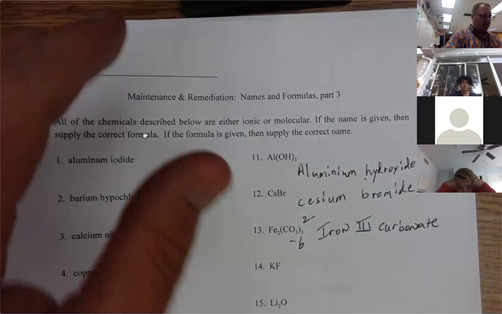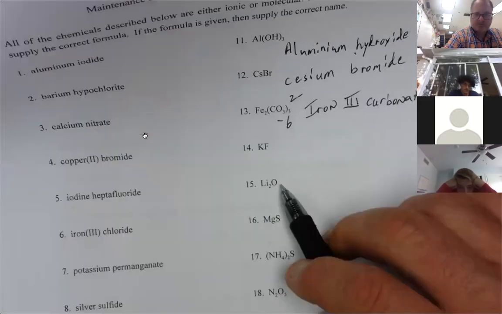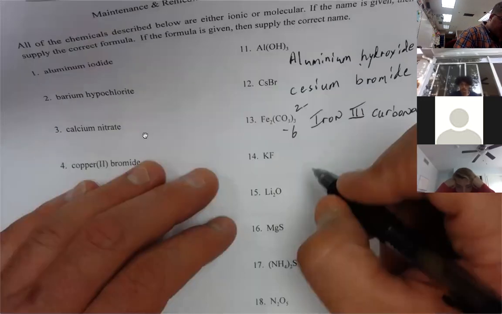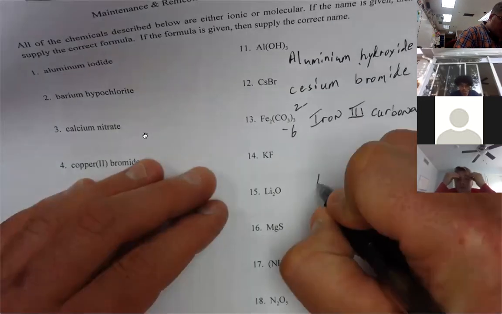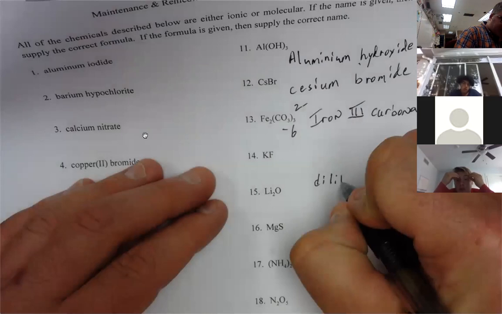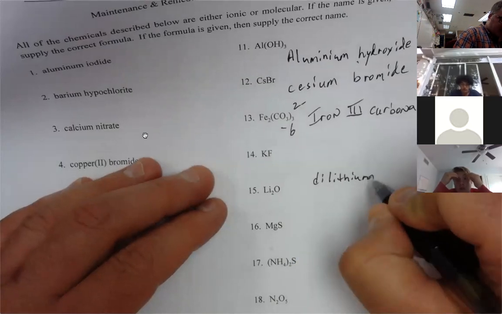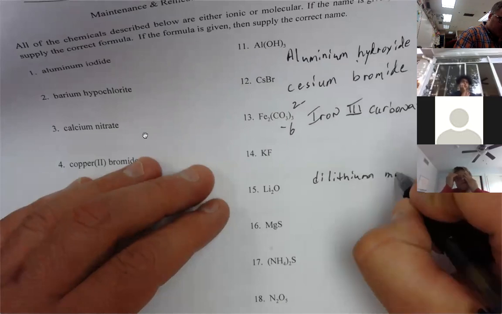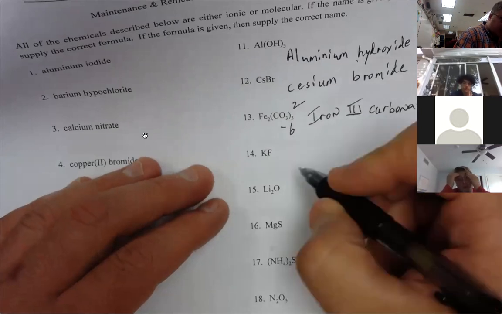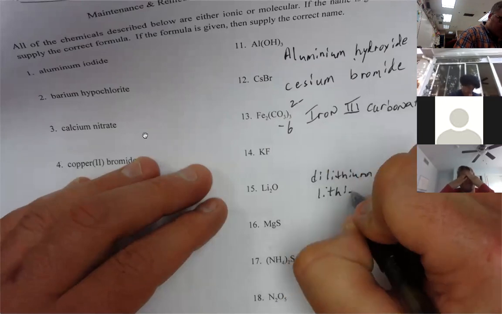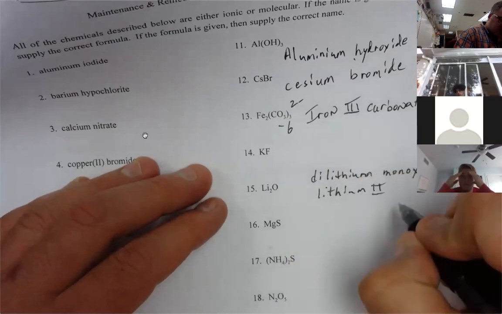Now let me show you why this can be so difficult. For example, it's Li2O. But keep in mind that this is a multiple choice test. So choice A may be dialuminum monoxide. Choice B may be lithium 2 oxide.